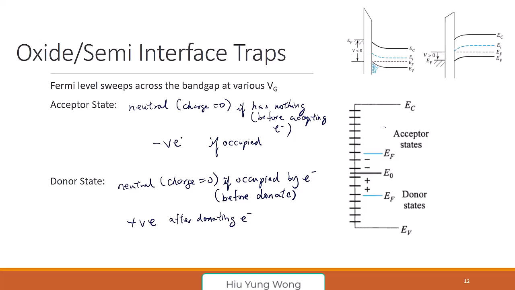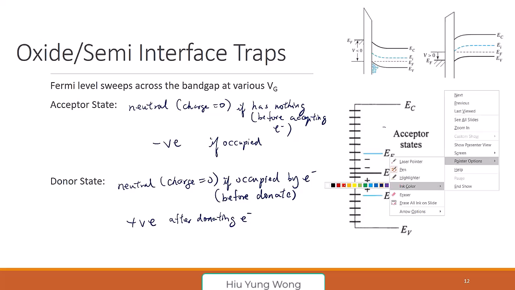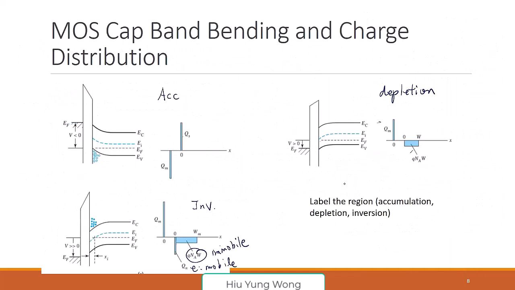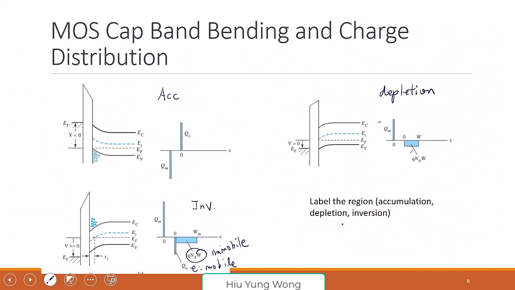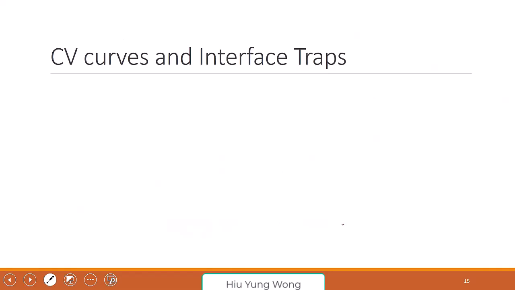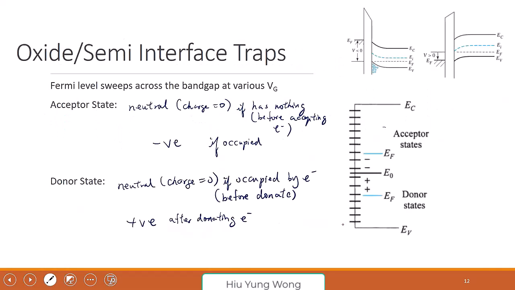So what determines a state is occupied or empty in semiconductor physics? Look at this. It's the Fermi level, whether your trap is above or below the Fermi level. If you are below the Fermi level, is it occupied or empty?